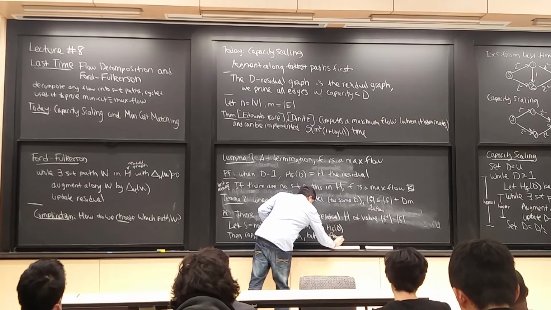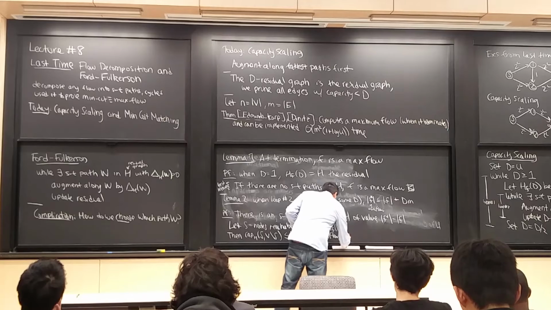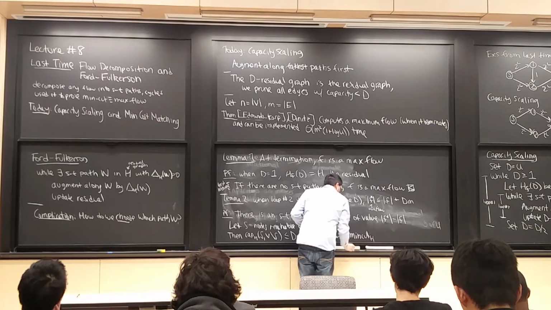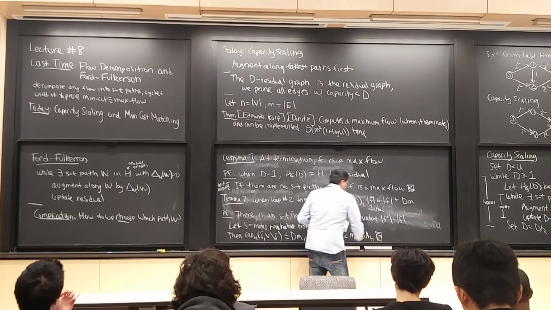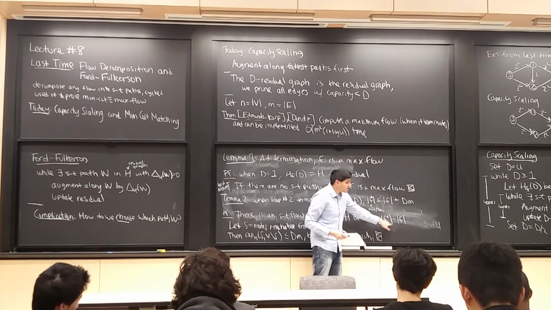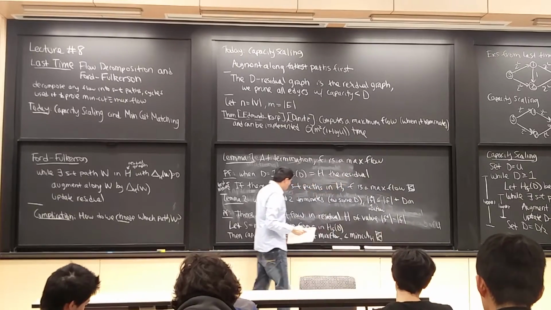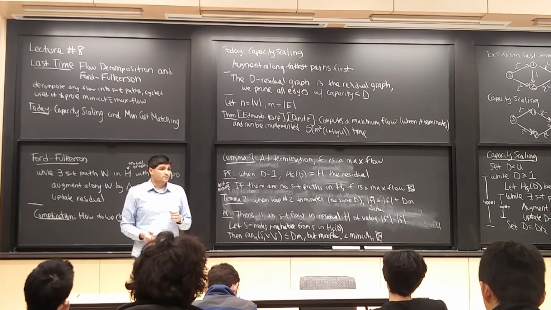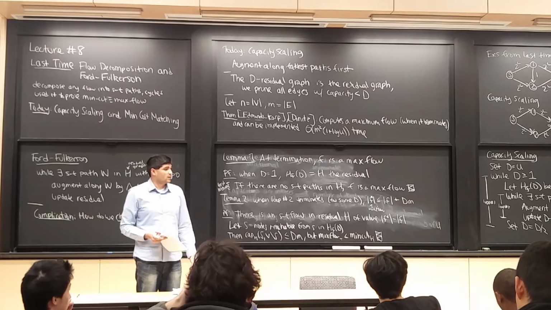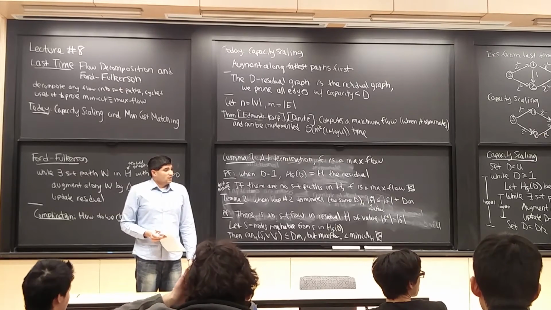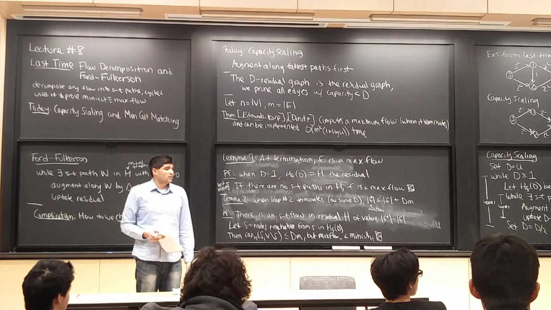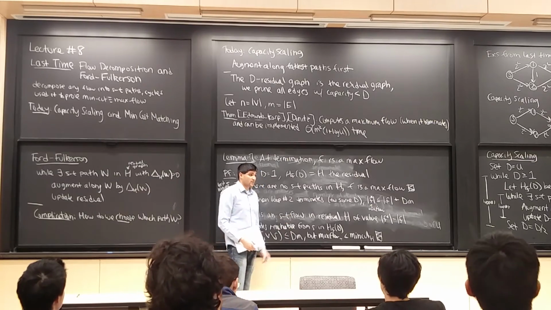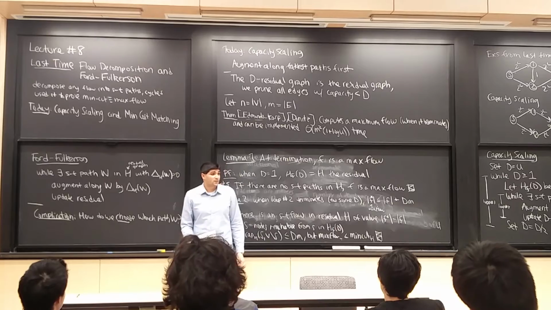So max flow with respect to H is itself bounded by the min cut in H, and that finishes it because we have f star minus f is at most D times M. So that's the key lemma. Yeah, you would have a strict inequality here, but absolutely. So this is actually tight.